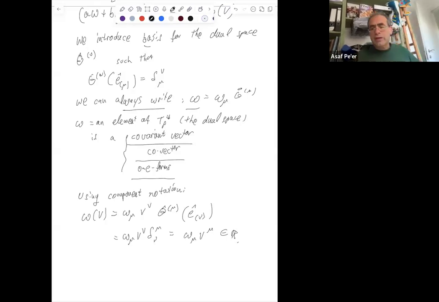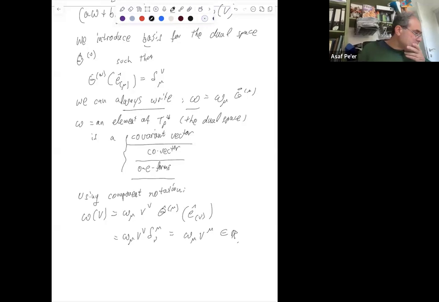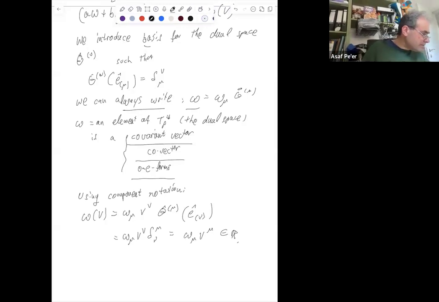That's the reason why we don't really need to use the basis vectors theta and e. That also means that the opposite is also true. This is slightly different from what you're used to from linear algebra.